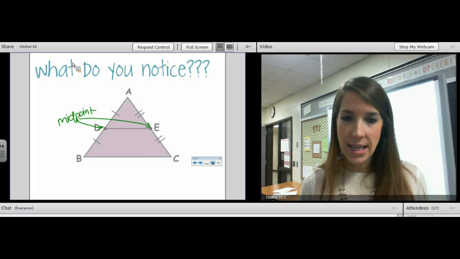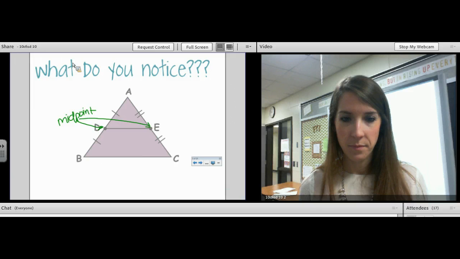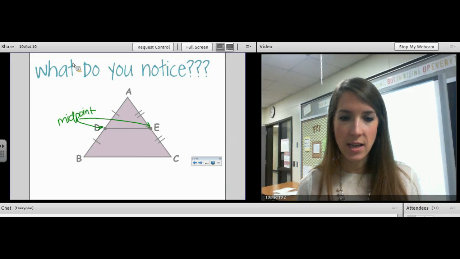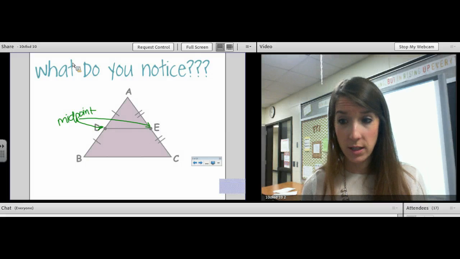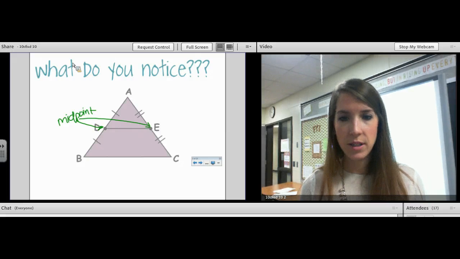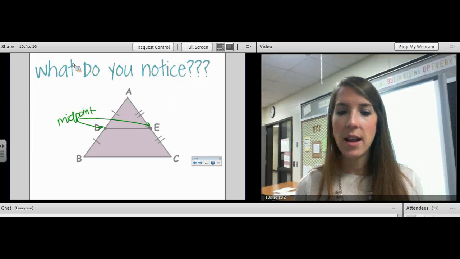How does AD compare to DB? Yep, they're congruent. They're equal. The length is equal and the segments are congruent. Okay, how does AD compare to AB?